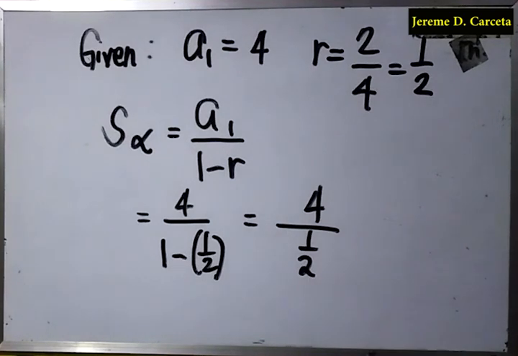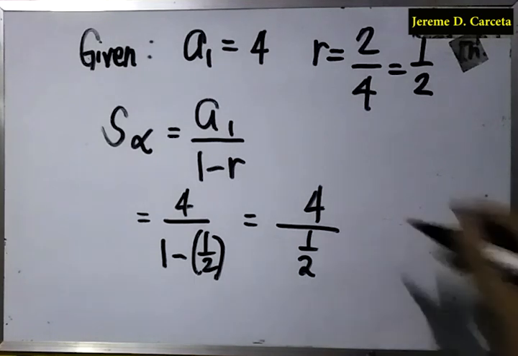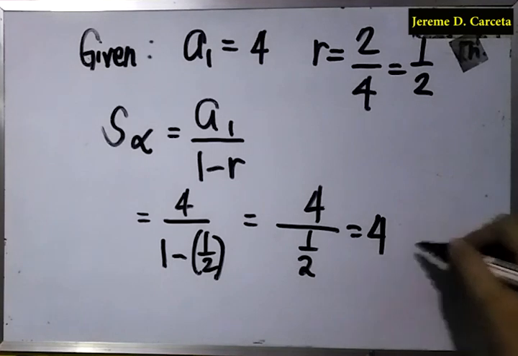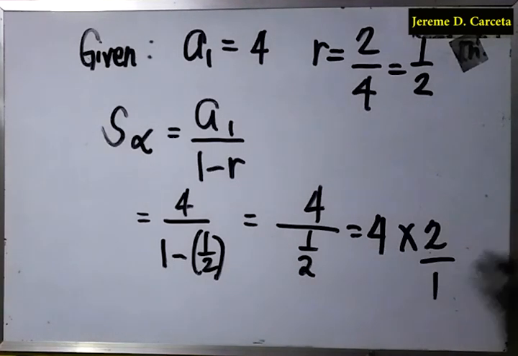Again, we have a complex fraction here, so we take the reciprocal of the denominator and multiply that to the numerator. We have 4 times 2 over 1, or simply 8. Therefore, the infinite series is 8.